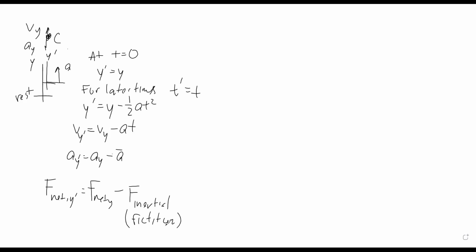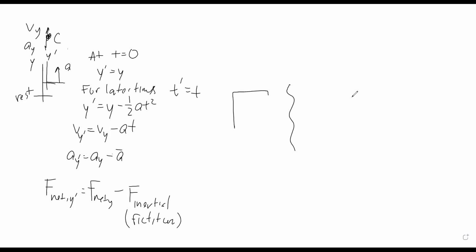Sorry if I didn't spell that out completely. Okay, so that's the difference. And so this is an inertial effect. The fact that you're getting pushed down as the elevator is accelerating upward is due to the fact that you're accelerating upward. Because in the reference frame of the elevator, okay, so let's look at it from two different perspectives.